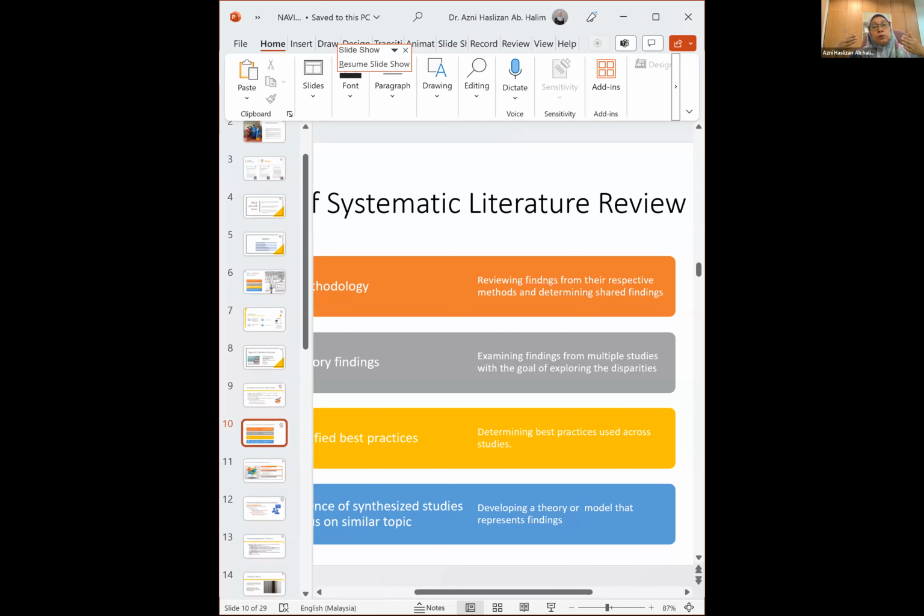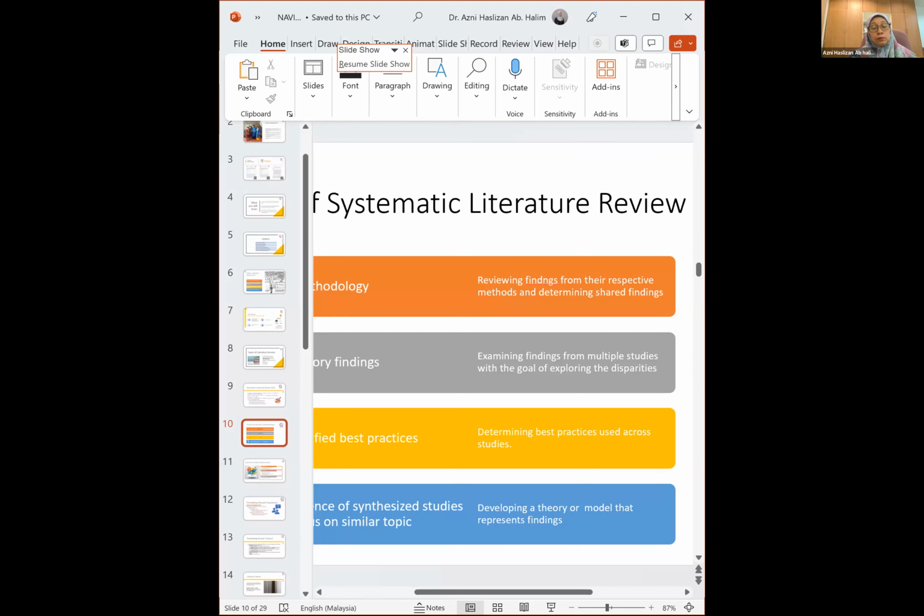Just that you need to focus on what kind of literature review you want, whether determining different methods by other researchers, or finding contradictory findings by other researchers.